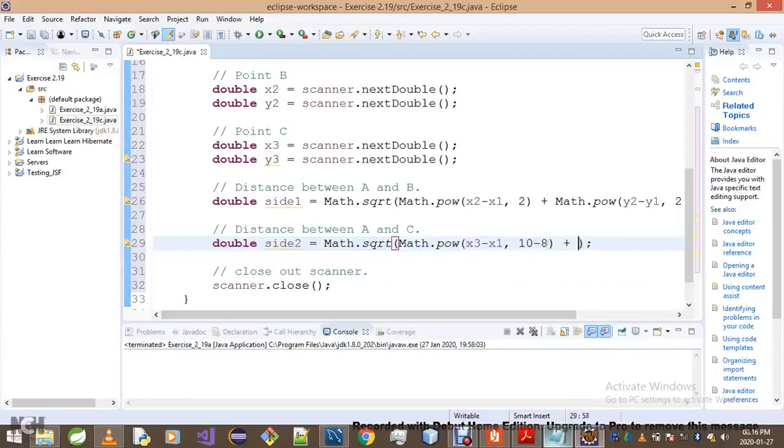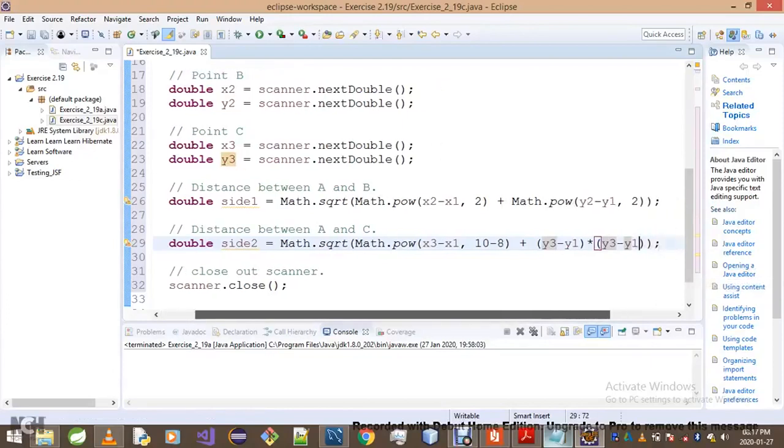Okay, plus y3, and of course that would give us a 0.